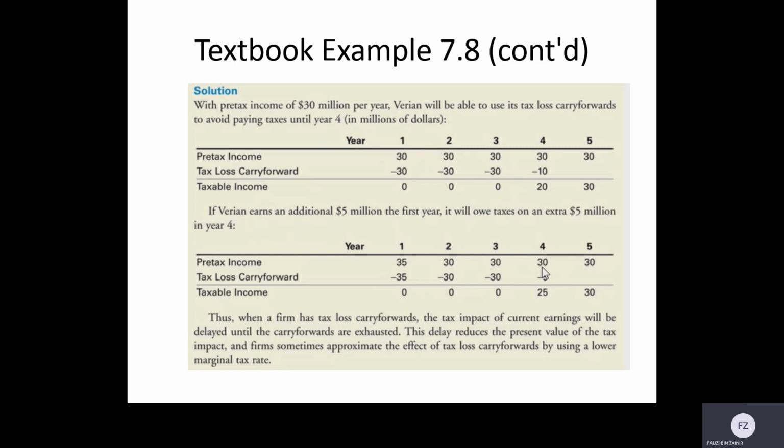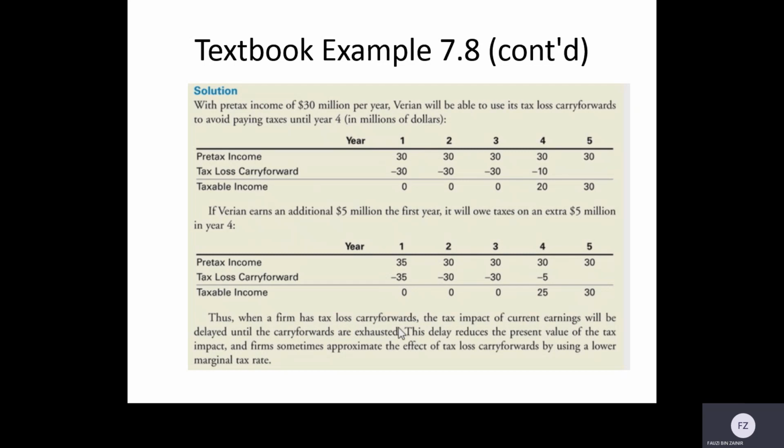That 5 million will be deducted from the pre-tax income of 30 million, so there's 25 million left on the 4th year. But in the 5th year, since there's nothing more to be offset, the whole amount that Varian is able to earn is what Varian has to be taxed on.